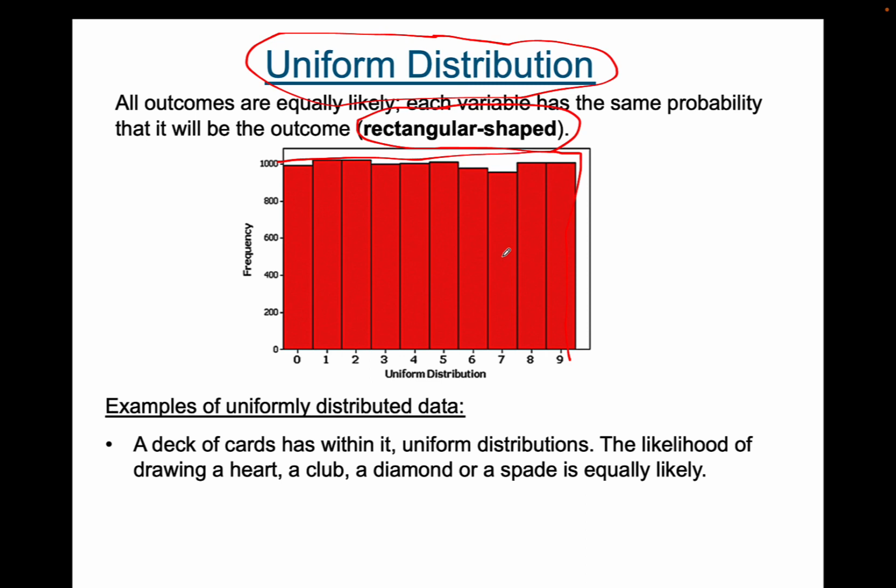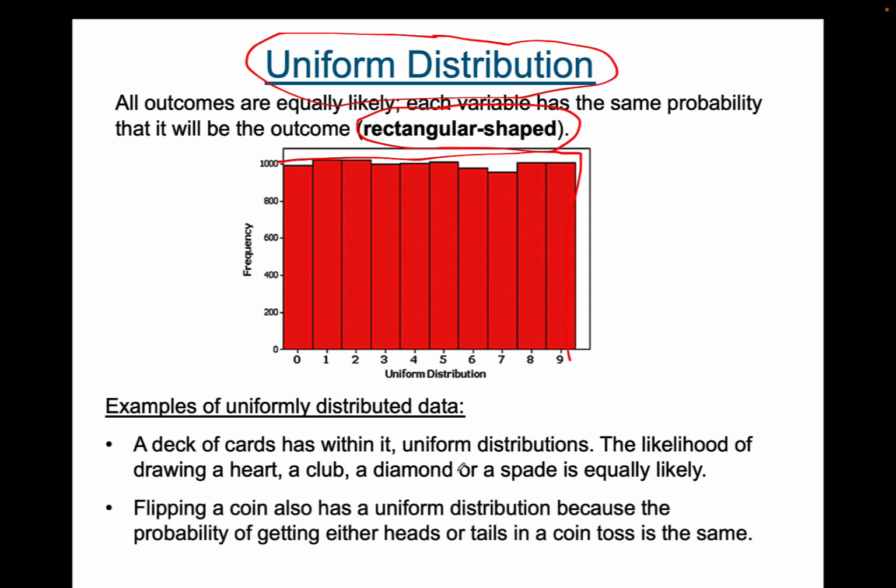That means that the likelihood of drawing a heart, a club, a diamond, or a spade, if you were pulling one card out of a fair deck of cards, those are all equally likely. So all of their bars would have the same height and it would take on a rectangular shape. That's what makes it uniform.